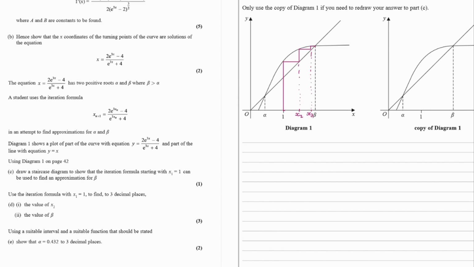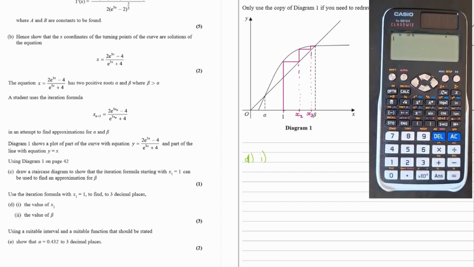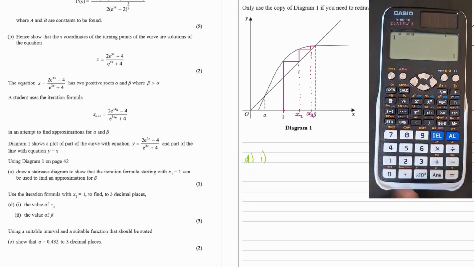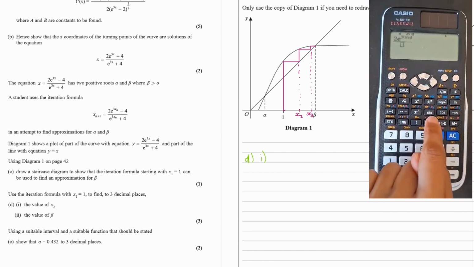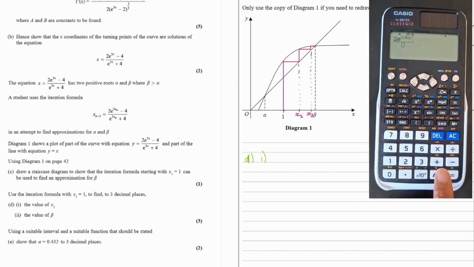The next part says, use the iteration formula with x1 equal to 1 to find to 3 decimal places, part D, I, the value of x2. So what we're going to do here is on our calculators, first store x1, which is 1, as our answer, and then put in the formula that we have, which is 2e to the power 3, and for our x1, we're going to put answer, 3 answer, minus 4.